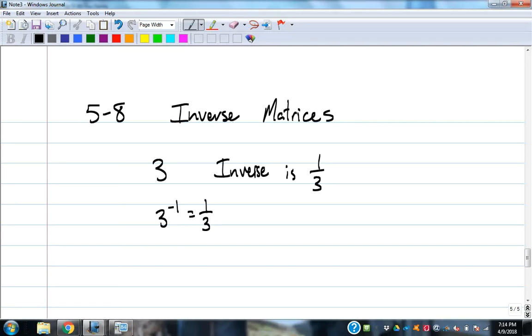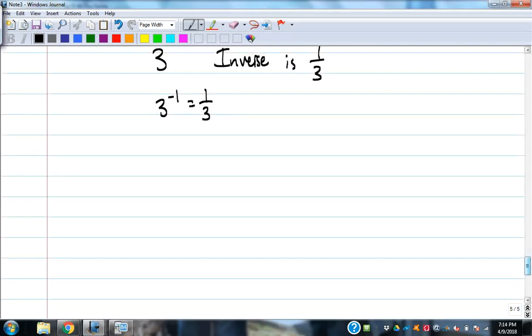In matrix land, I guess is the best way to say this, when you're dealing with matrices, think about how we solved equations way back in 100 when we were doing some easy equations. Maybe you had like 2/3 x is equal to 18. How would you get rid of the 2/3? You multiply by the what? The reciprocal, which is actually the what of 2/3?